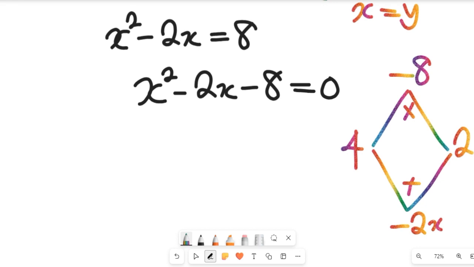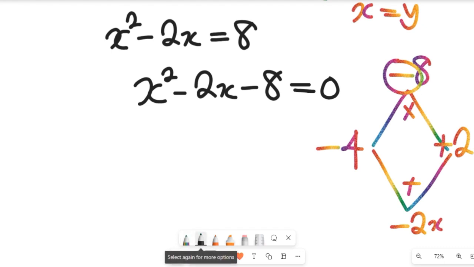So if we want to have a negative 2 from 4 and 2, all we simply need to do is to assign negative to the highest number and a positive to the lowest number, because minus times plus will give us what, minus. So 4 times 2 will give us 8. So minus 4 plus 2 will give us minus 2. So you see, that is the expression.